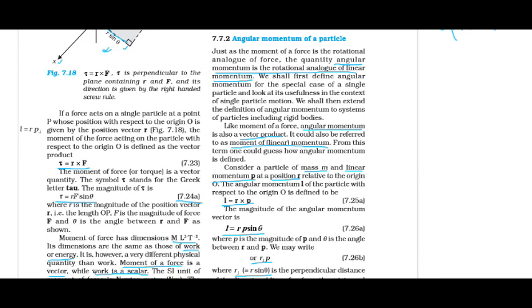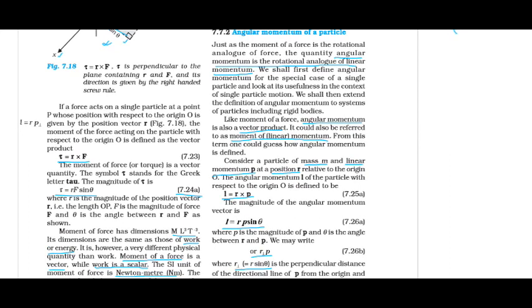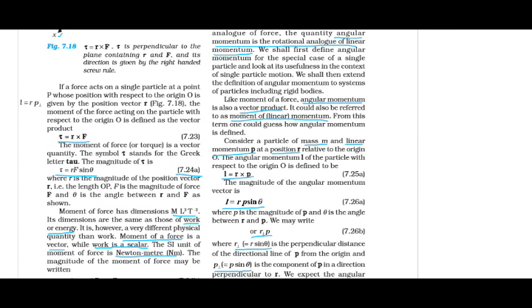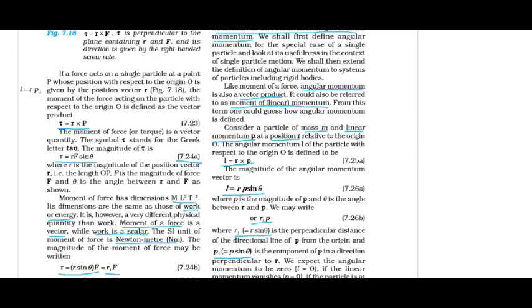Either we take the perpendicular component of the force, or we take the perpendicular distance from the force; both can be taken. So the magnitude of tau is equal to r F sine theta. Since it is a vector product, it follows all the rules of vector product.